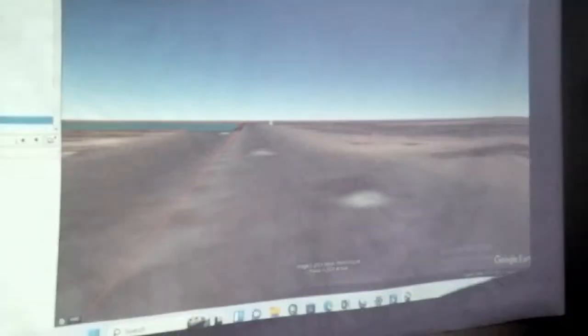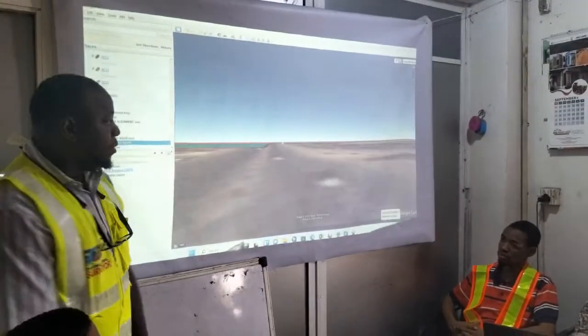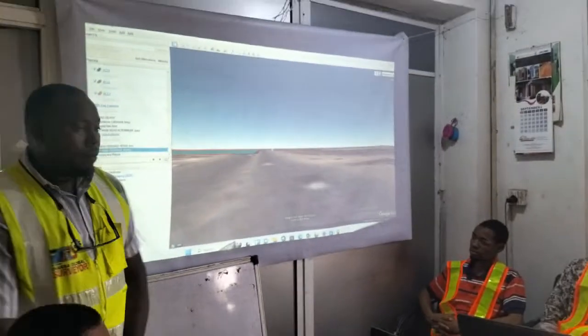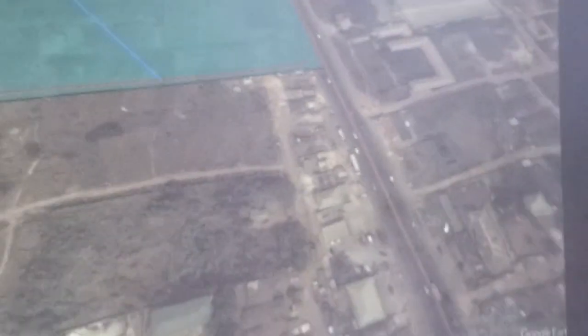In this part of the world, we have issues with internet signals. I'm trying to see if we can project the street view so that some persons who are familiar with this part of the world will see the area we are dealing with.